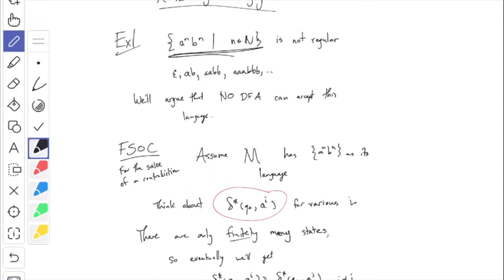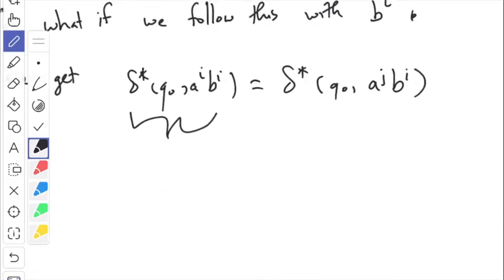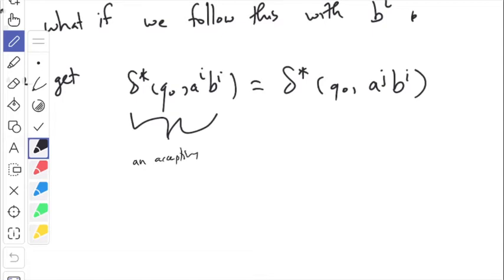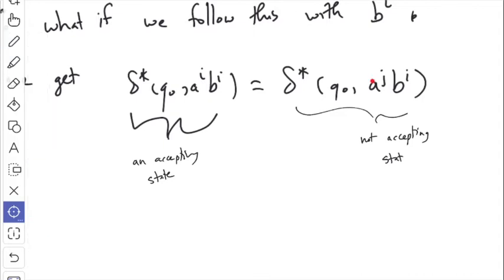If the powers are not equal, it's rejected. So what we see here is this is an accepting state because the powers are equal. But this one over here is not an accepting state because the powers are not equal. I have A^J B^I, and I said before I and J are different.